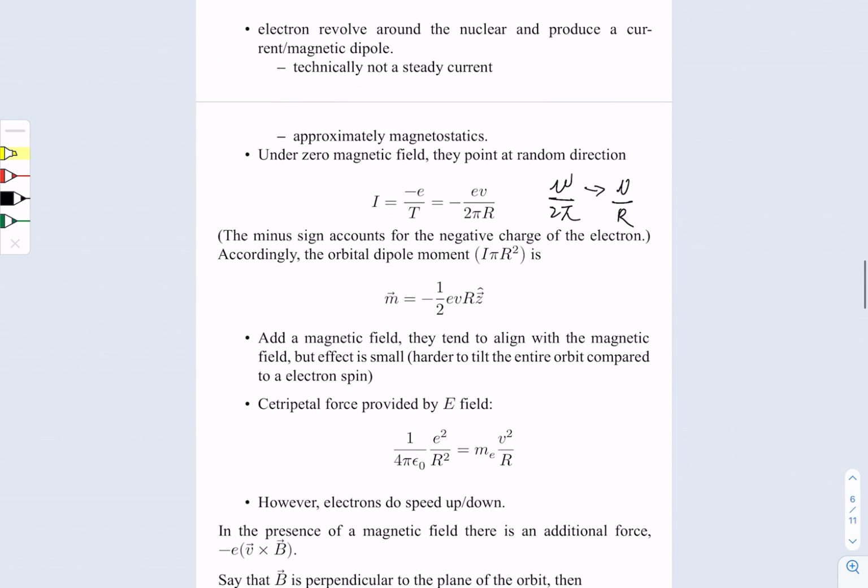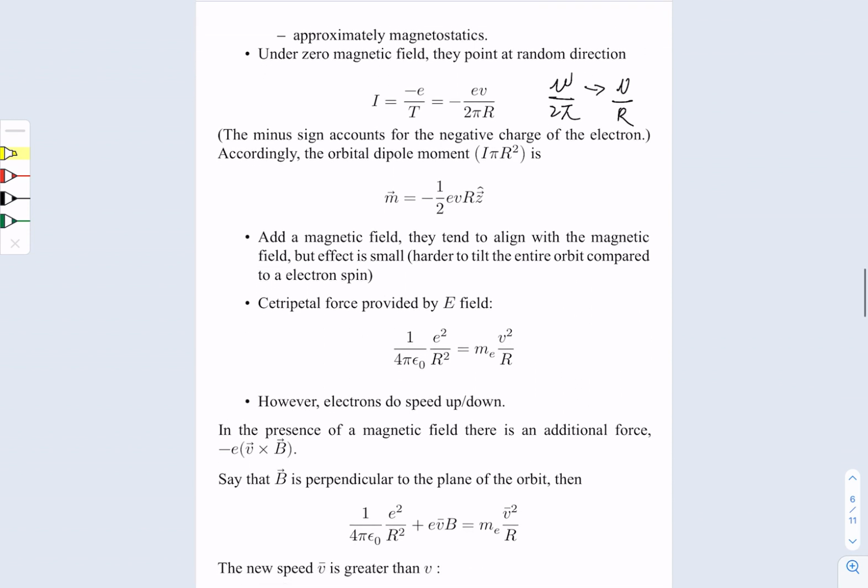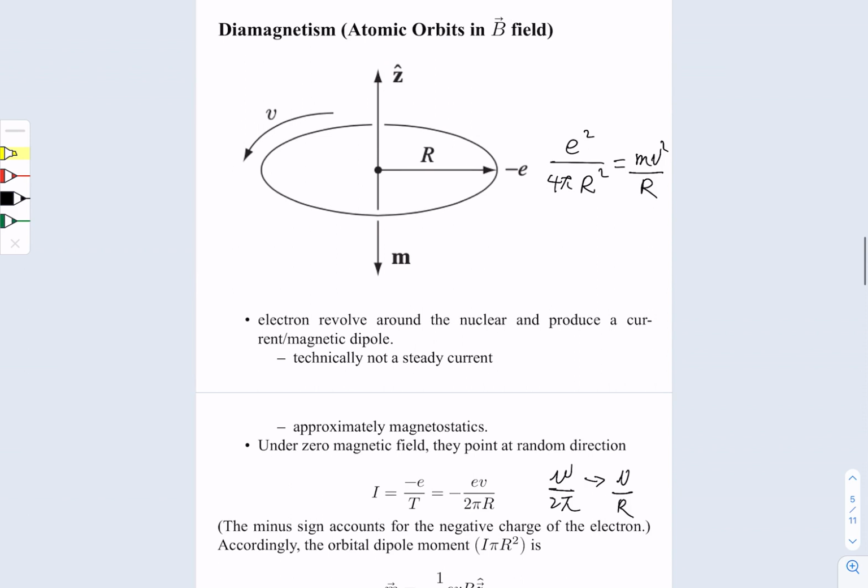So I've copied the equations over here. However, if you apply a magnetic field, the electrons might speed up or slow down, because you can imagine that the magnetic field also applies a force to this moving charge.